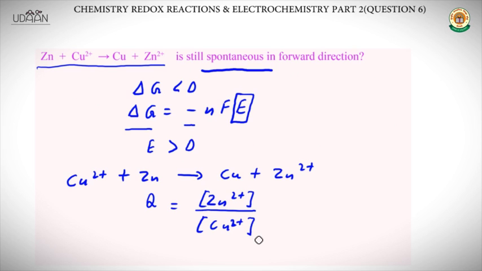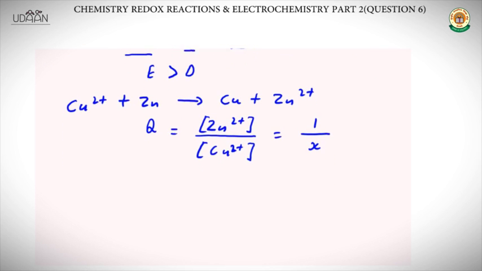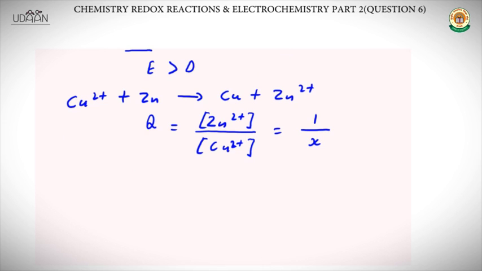This is the ionic ratio. Now we need to find the minimum concentration of Cu2 plus, and the concentration of Zn2 plus is given, it is maintained at 1 molar. So we can assume the concentration of Cu2 plus as X for the time.